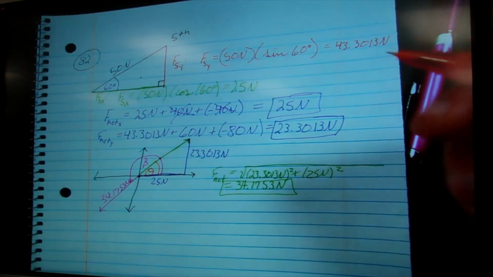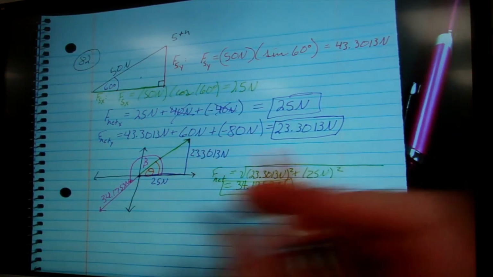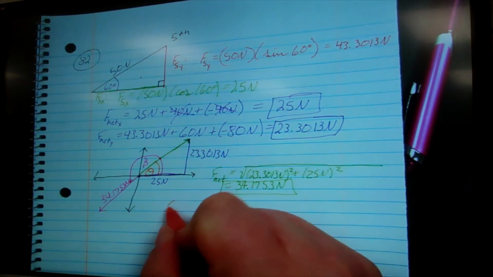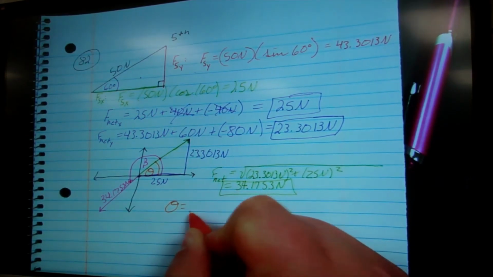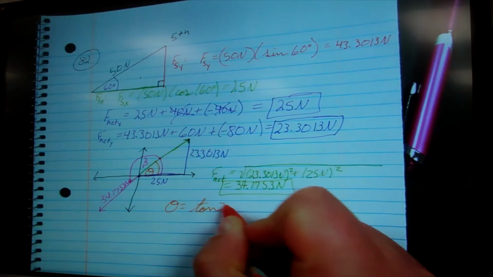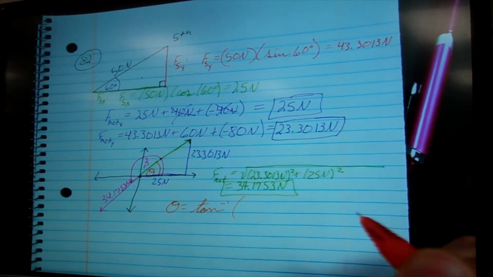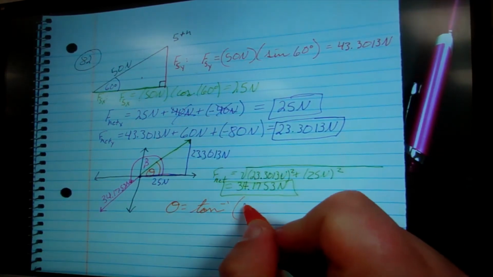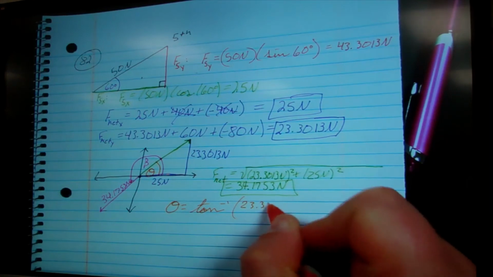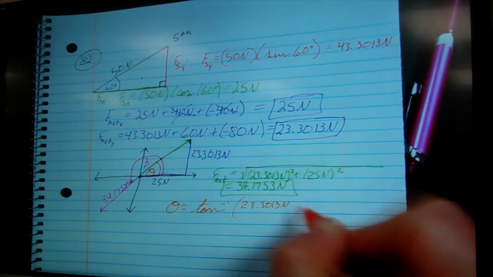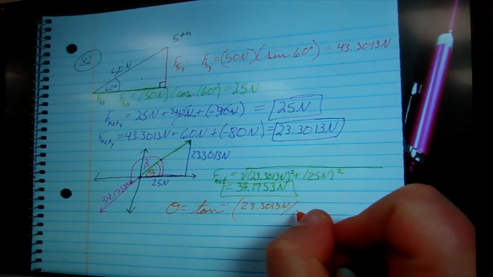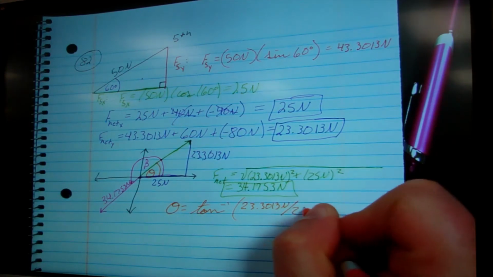To find theta, it's the inverse tan of opposite, which is 23.3013 newtons, divided by adjacent, which is 25 newtons.